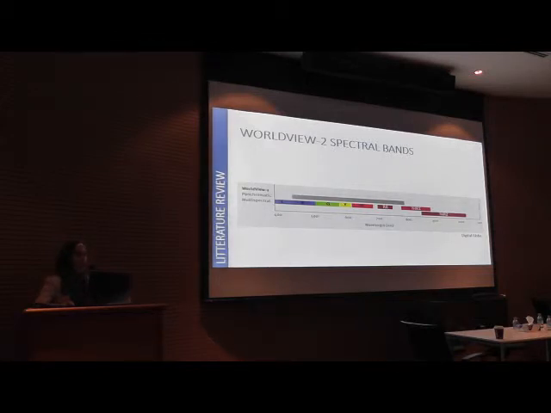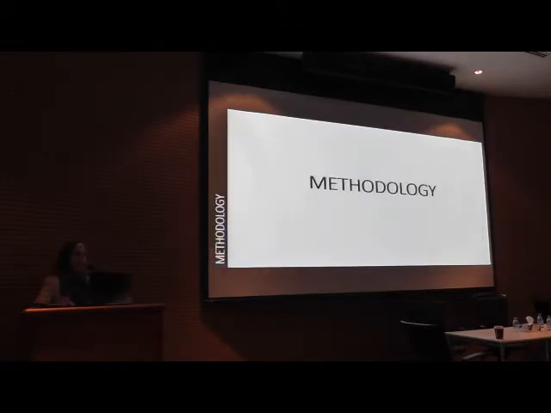So WorldView 2 has 1 panchromatic band and 8 multispectral bands that range from the visible to near infrared, from 400 nanometers to 1040 nanometers. And it can recognize 5 bands in the visible region: the coastal band, blue band, green band, yellow band, and red band. WorldView 2 is characterized by its 4 new bands, which are the coastal, the yellow, the red edge, and the near-infrared 2 band.